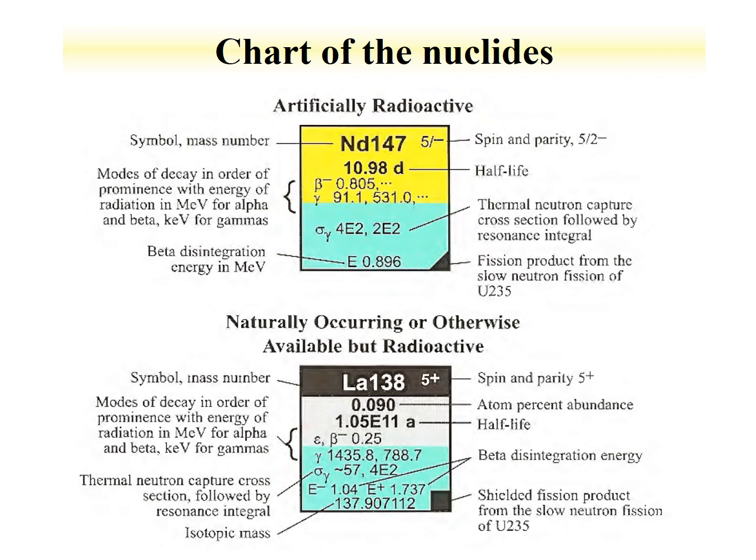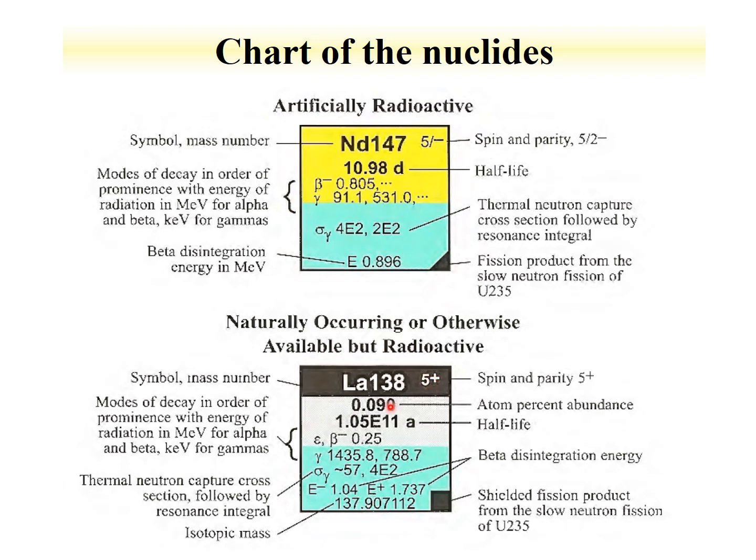Now, there are some isotopes that are naturally occurring and radioactive. Their symbol has a black bar on it. We saw on some previous pages that tritium falls into this category, carbon-13 falls into this category. Here's an example of lanthanum-138, again the spin and parity is 5+.